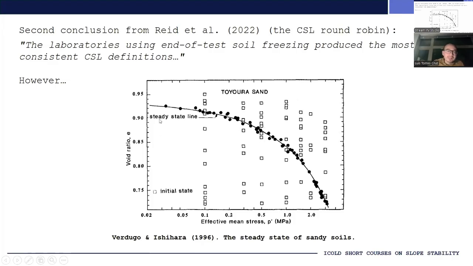They called it the steady state line, but of course, same thing. So this is my basis to say, look, the squeezing method works as well as anything else that one might use. In other words, it works as well as the freezing method.